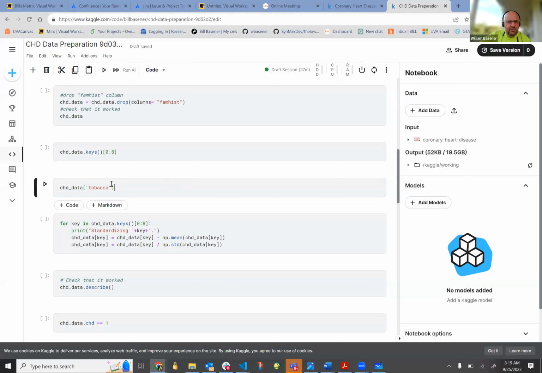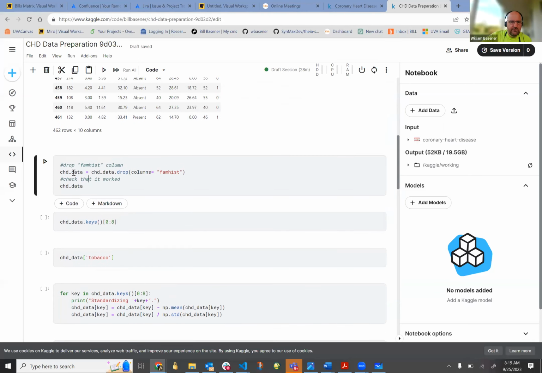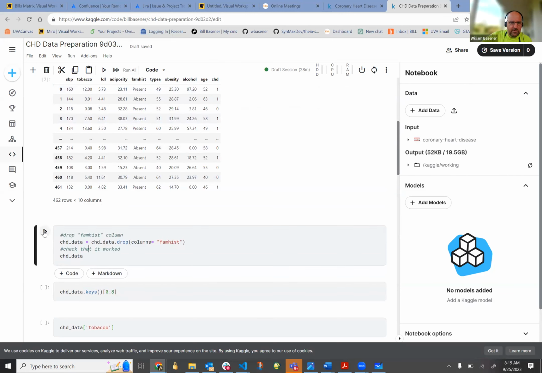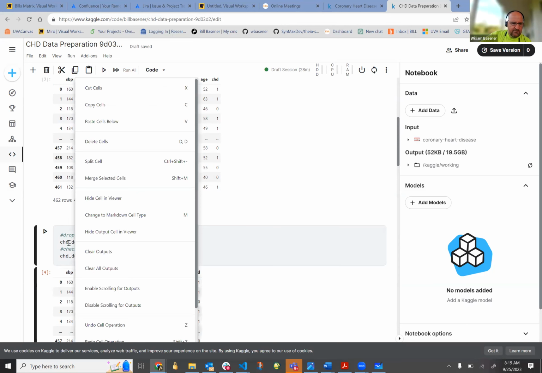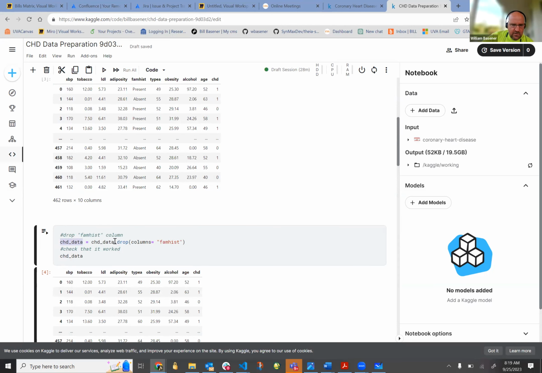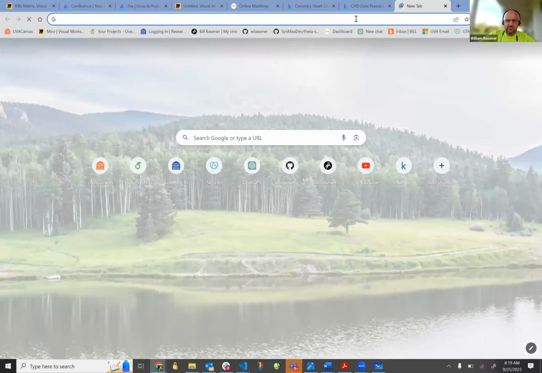Okay, coronary heart disease. So let's run through these. We ran the rows above. Here's the code. Coronary heart disease is a data frame that we loaded in. When you want to drop a column from a data frame, you just do dot drop. Now, if you were like, I don't know how to drop a column from a data frame, how am I supposed to know that?